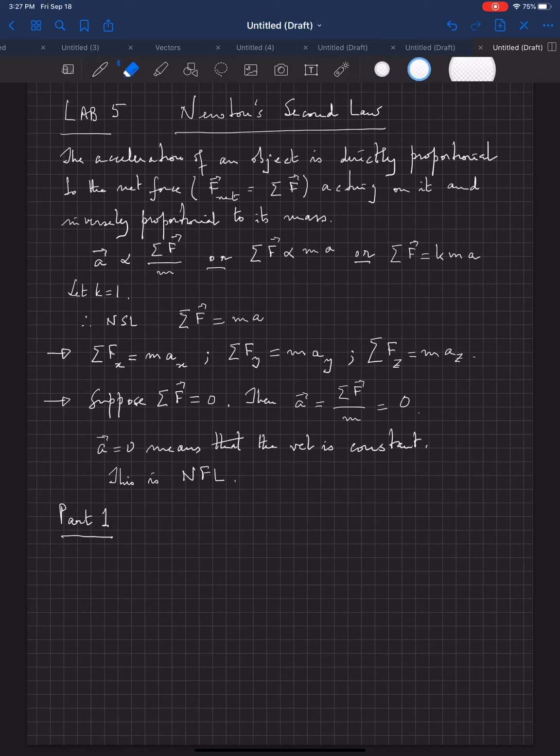And so let me draw an inclined plane. This is the plane which is at an angle theta, and now I have an object here of mass m.